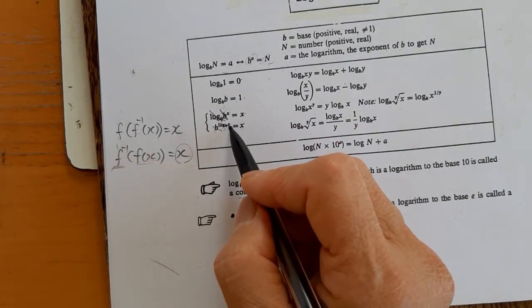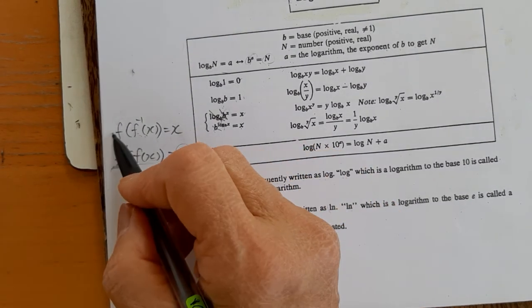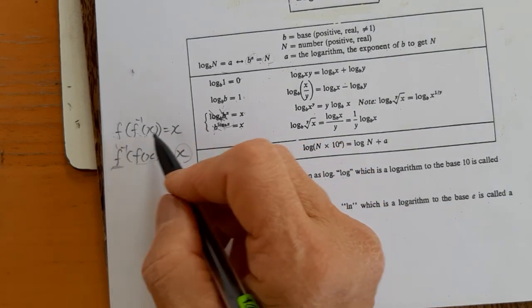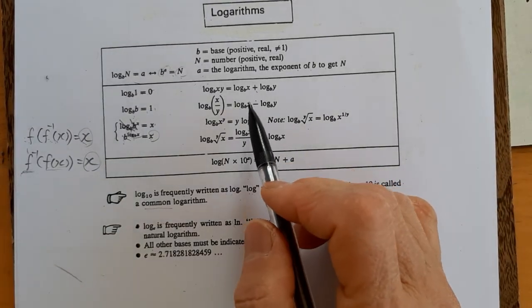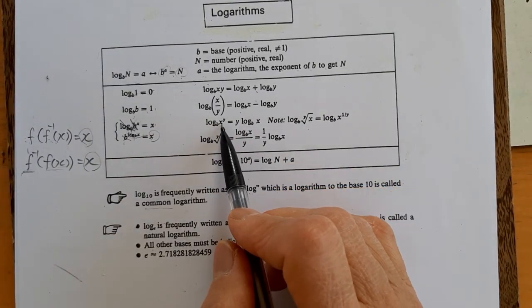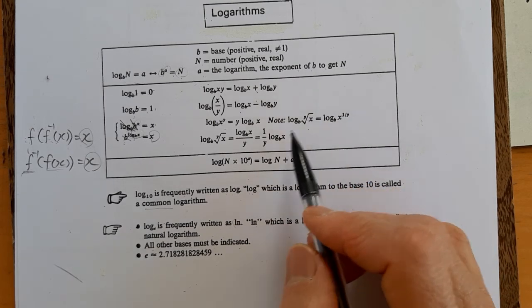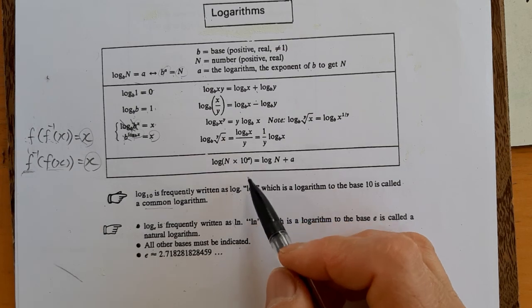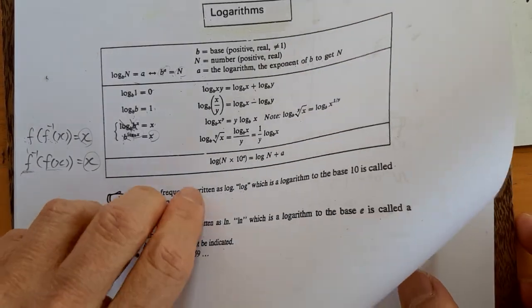Or take a logarithm function and then its inverse function b to the power x, and it's still x. Product rule, quotient rule, power rule, and the 1 over y goes in front. The change of base rule is not here. So those are logarithms.